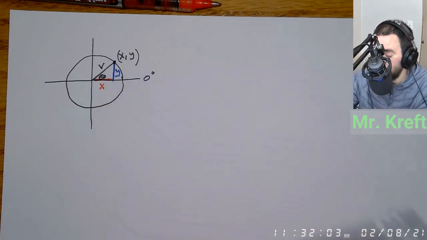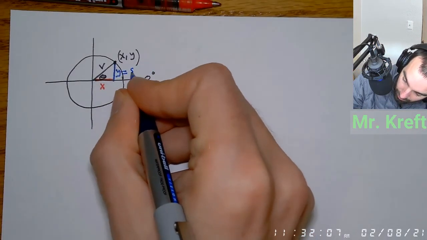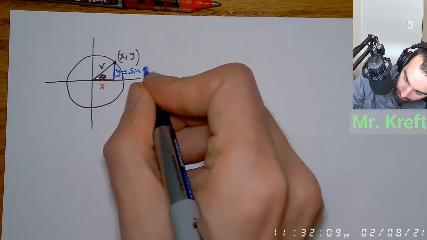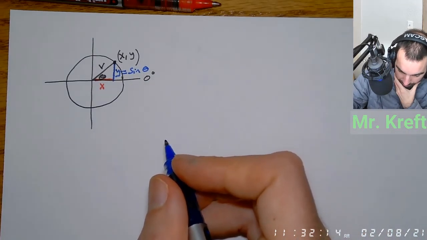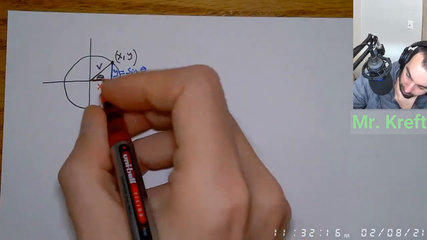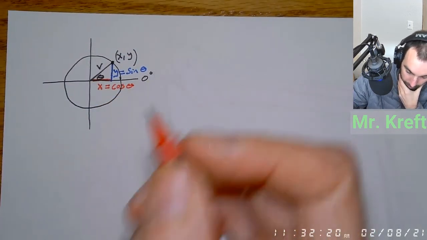Well, to do that, we use trig. So y is really sine of theta. And x is really cosine of theta.